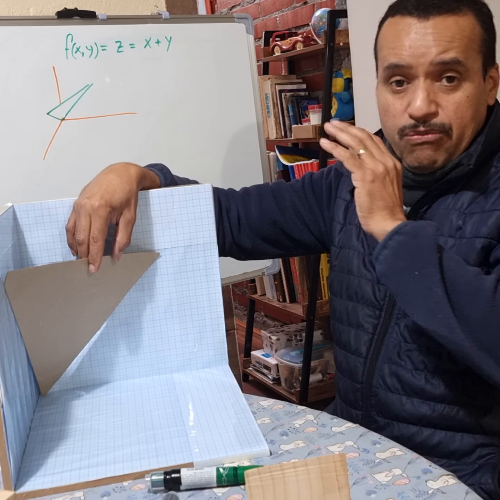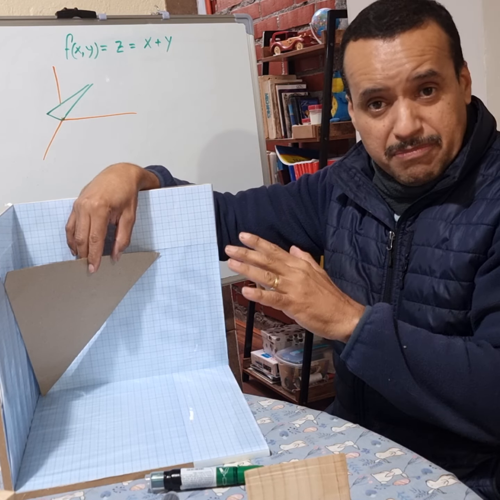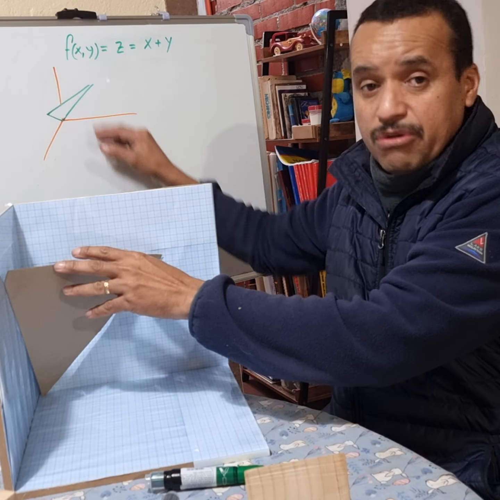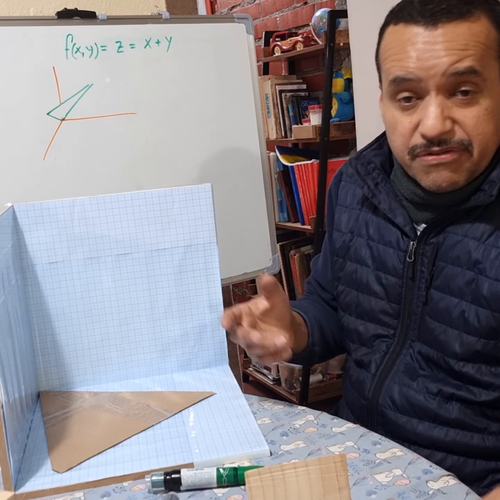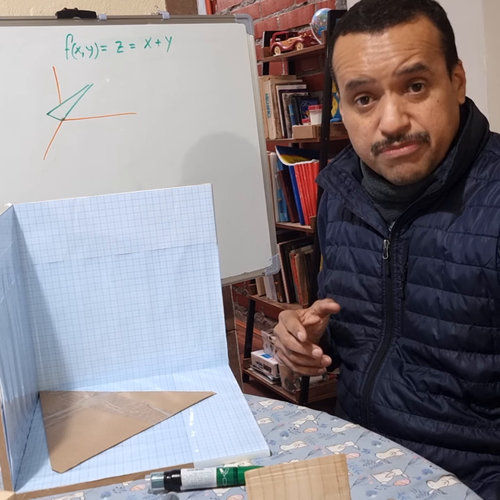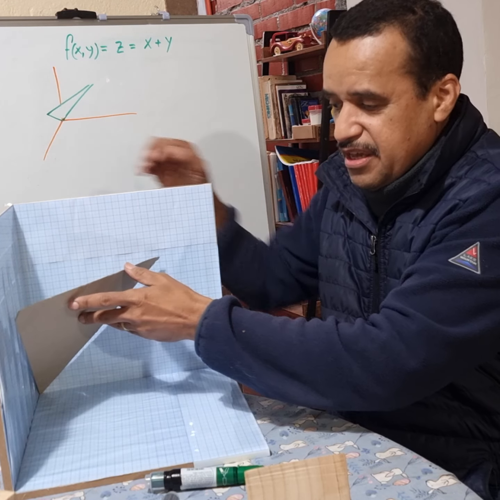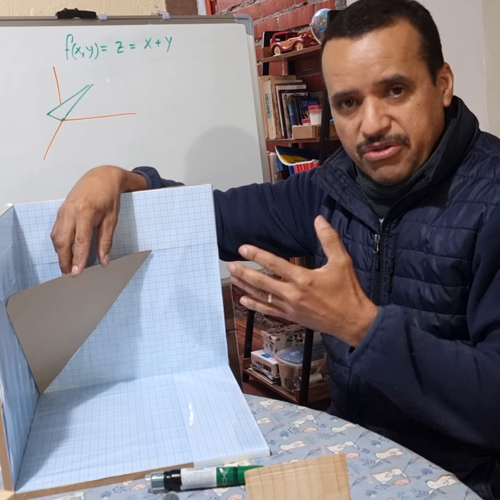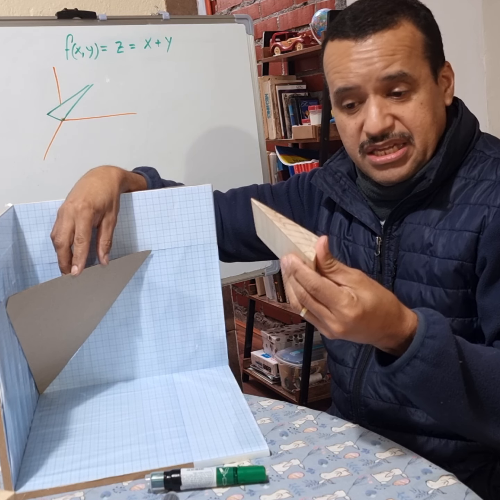Remember, the way that we are going to calculate the primitive is by knowing the volume under that surface. The volume under that surface, just like the area under the line of the identity function was the primitive, is now going to be representative of the primitive of that function. For that, we are going to study the symmetry of this prism.